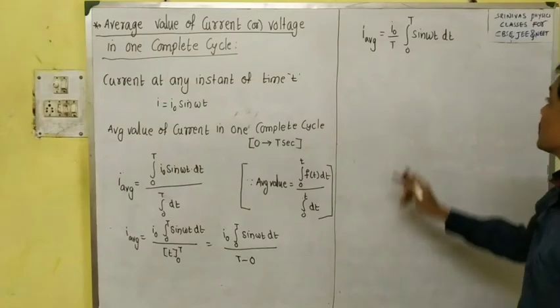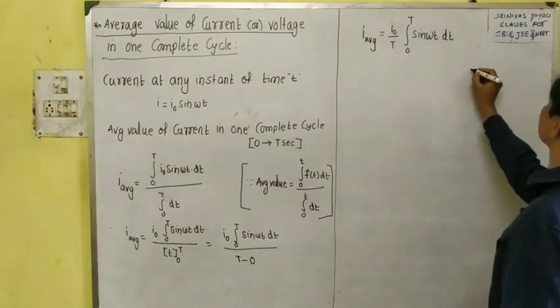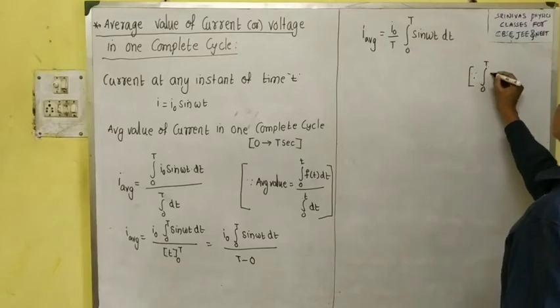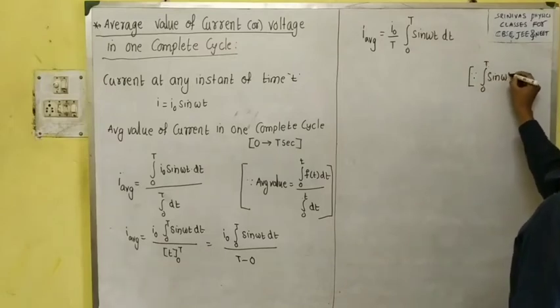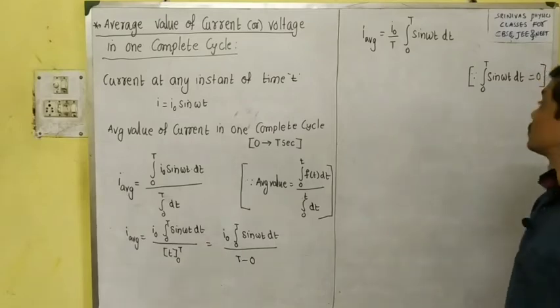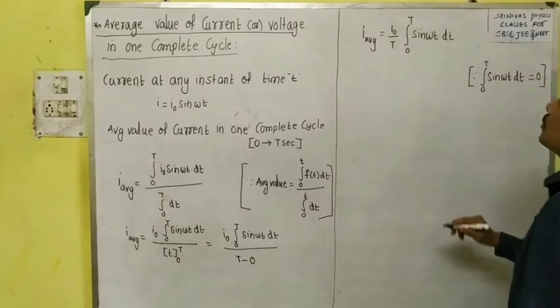But in mathematics, if you do the simplification, the integration from 0 to T of sin omega t dt gives 0. PCB and PCM students, you can do this on your own.